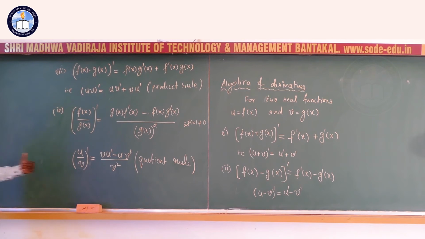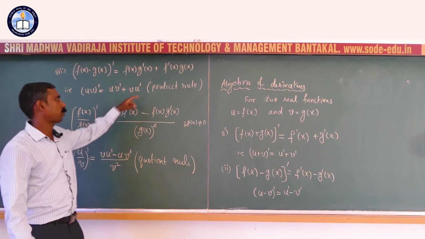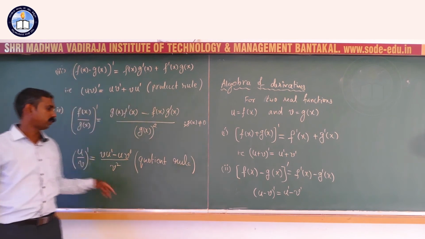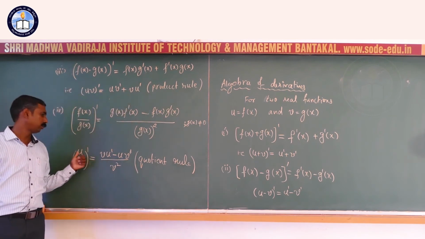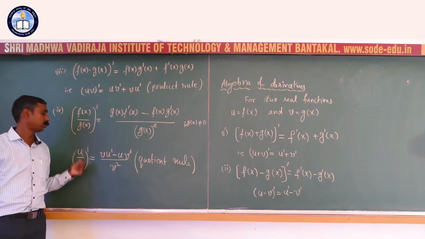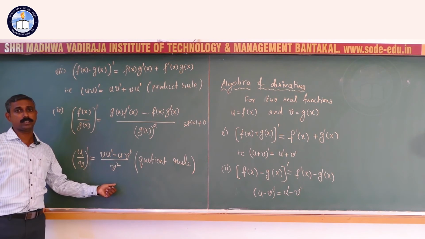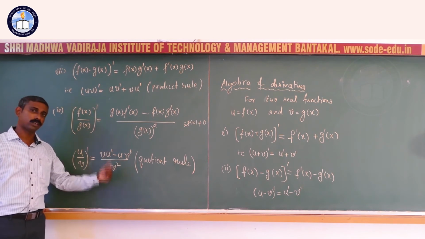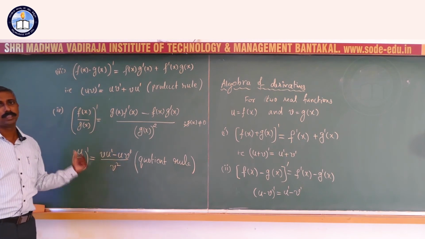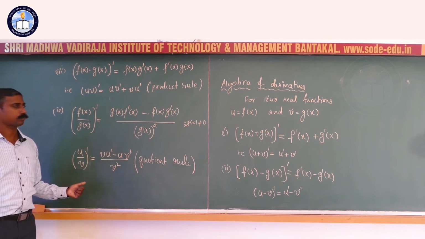In these, two are very important rules: one is the product rule as well as the quotient rule. In the quotient rule, it is denominator and numerator, so numerator by denominator: denominator into numerator derivative minus numerator into denominator derivative, divided by denominator square.